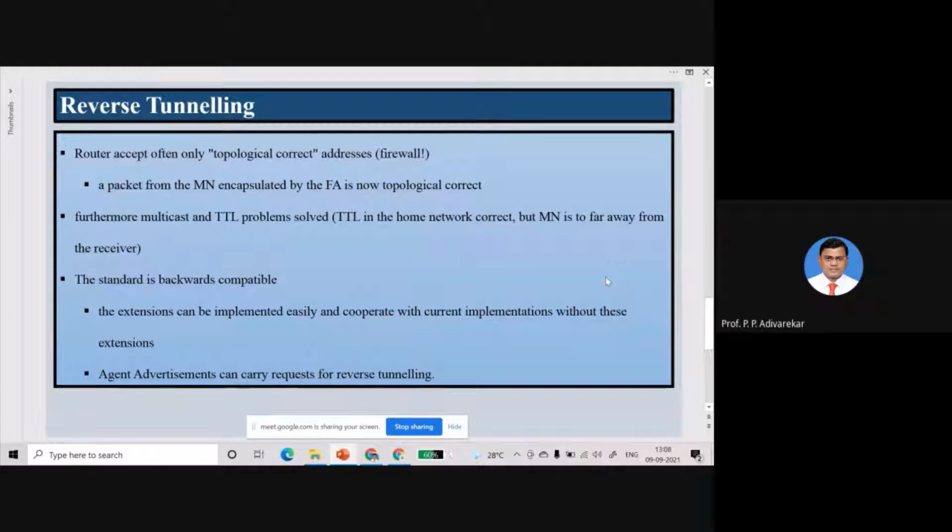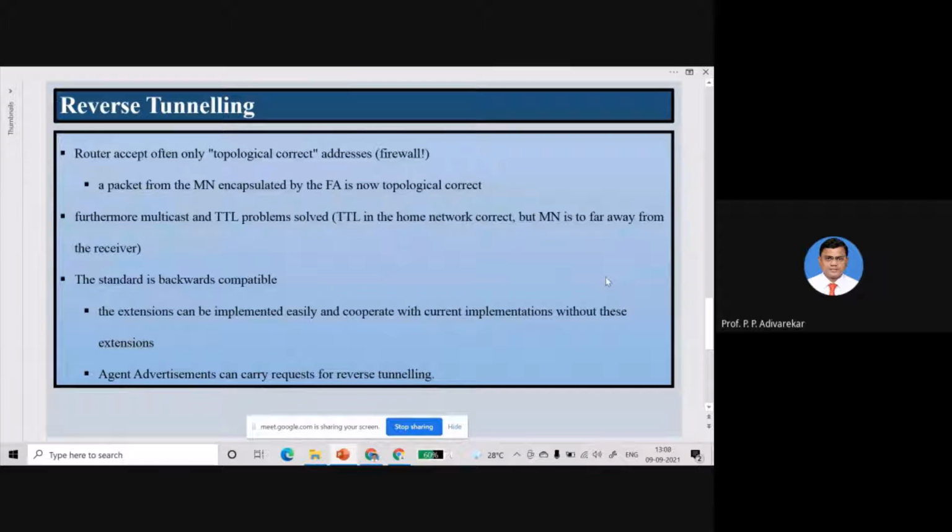Today, in this lecture, we are going to see the reverse tunneling that is used in the mobile IP concept. If you remember, in the previous lectures we have seen what tunneling is, and how a tunnel starts at the home agent and ends at the foreign agent.